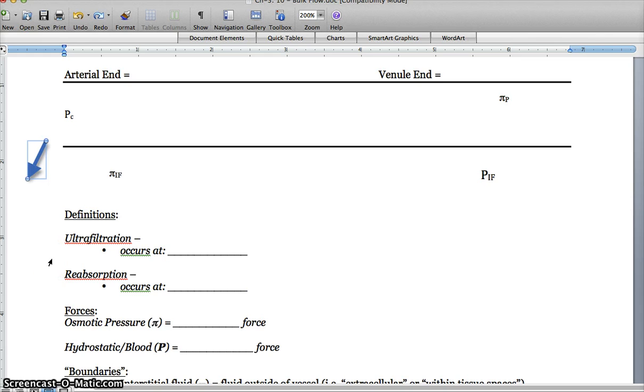The first definition I want to refer to is called ultrafiltration. Ultrafiltration is the movement of fluid out of the capillary. The smallest blood vessel is our capillary. In this case, it's going to be occurring at the arterial end.